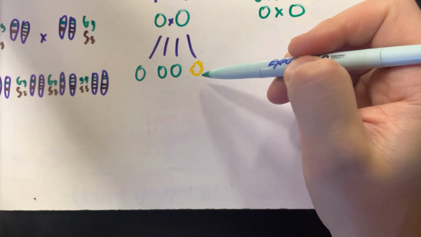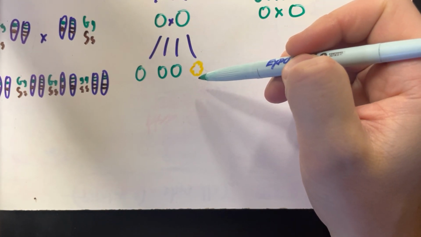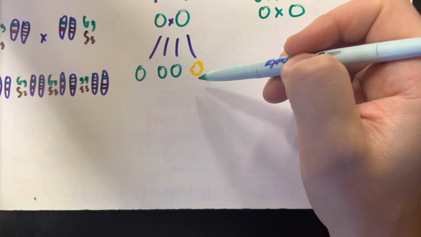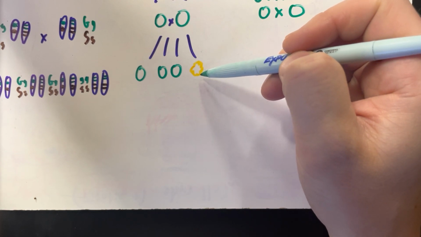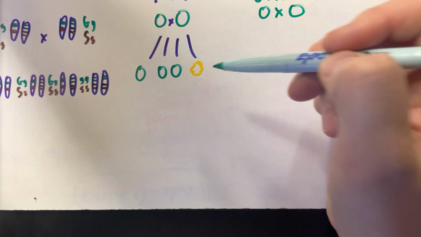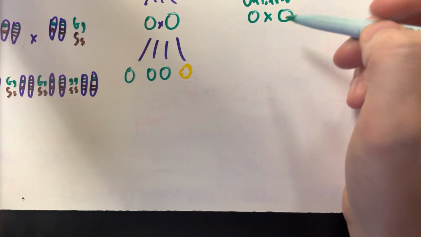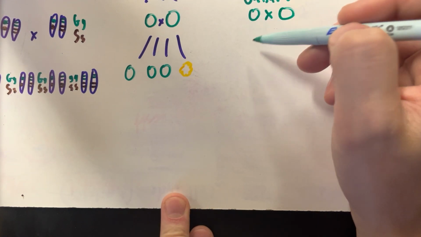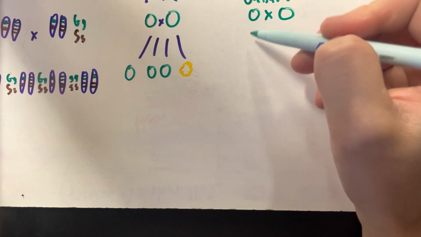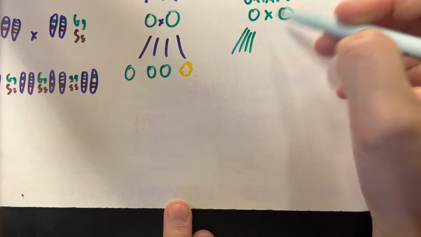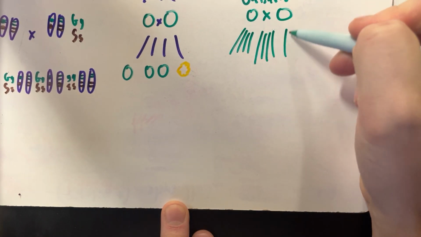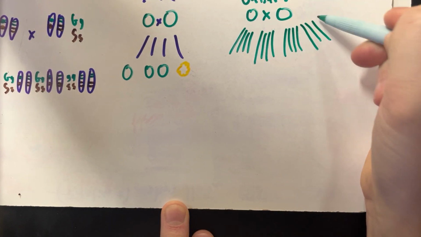You'd expect what portion of them to be wrinkly? You'd expect a quarter of them to be wrinkly, right? And you'd expect a quarter of them to be yellow, but it doesn't necessarily mean the same quarter. What you'd get is actually 16 different options.